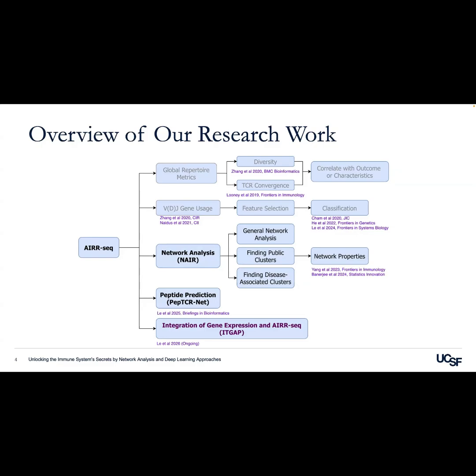So later on, we also considered VJ gene usage. We applied similar methods as traditional feature selection and classification to understand which VJ genes are more highly expressed or used in cancer patients versus non-cancer patients. But immune receptors evolve and diversify.